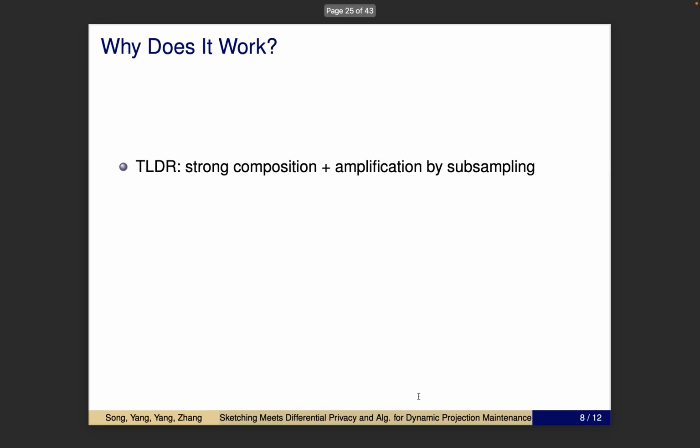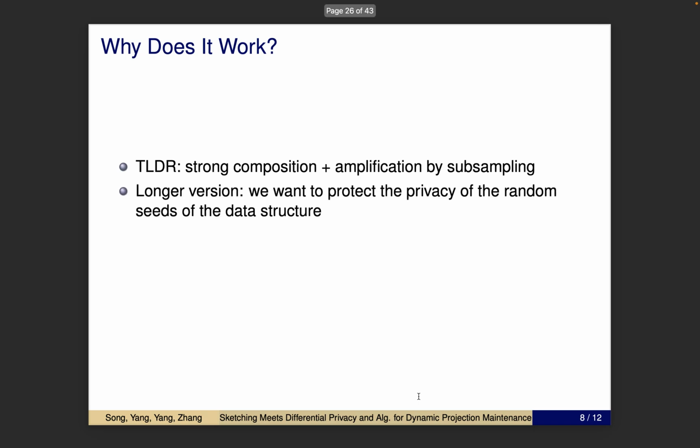So why does it work? The short version is that it follows from a strong composition of differential privacy and amplification due to subsampling. And the longer version is as follows. Whenever you use differential privacy, you want to protect the privacy of a certain database. And here, think of the privacy you want to protect as the random seeds of the data structures.